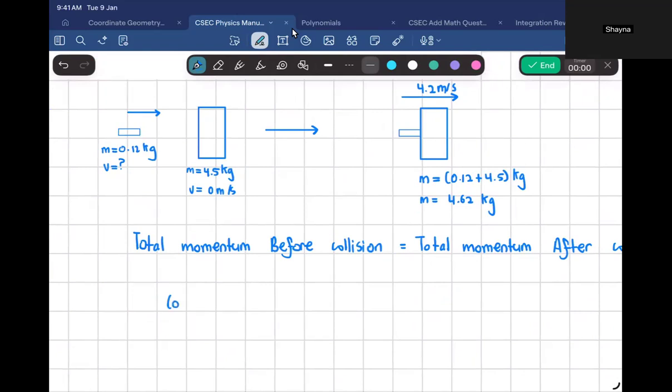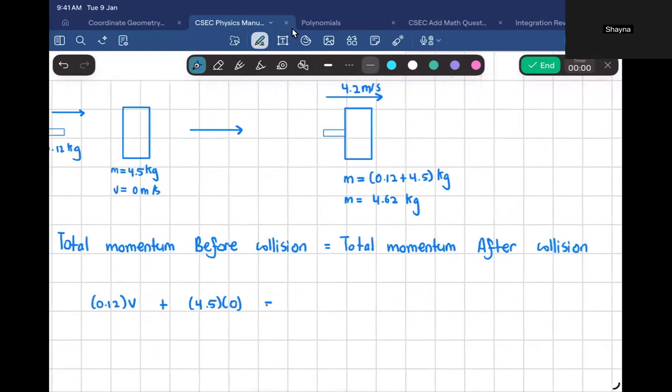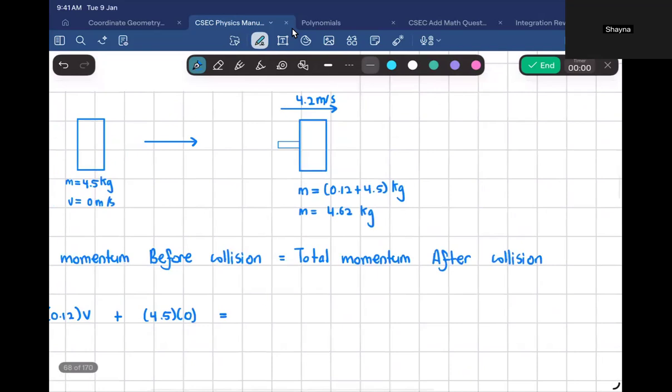So it's going to be 0.12 by v plus 4.5 by 0. And that's going to be equal to the mass of 4.62 by 4.2.